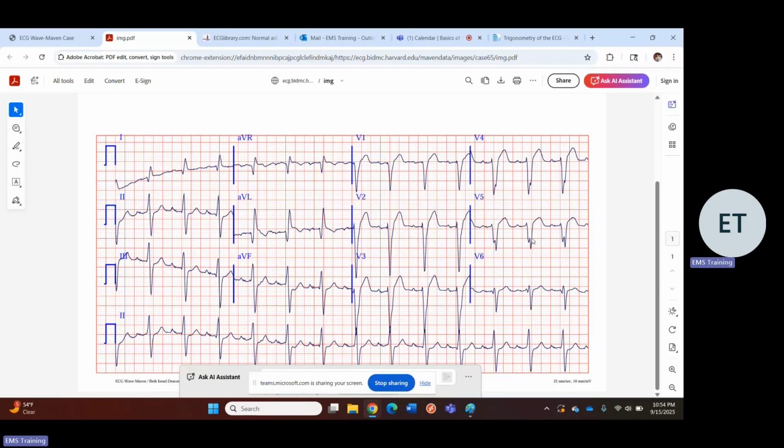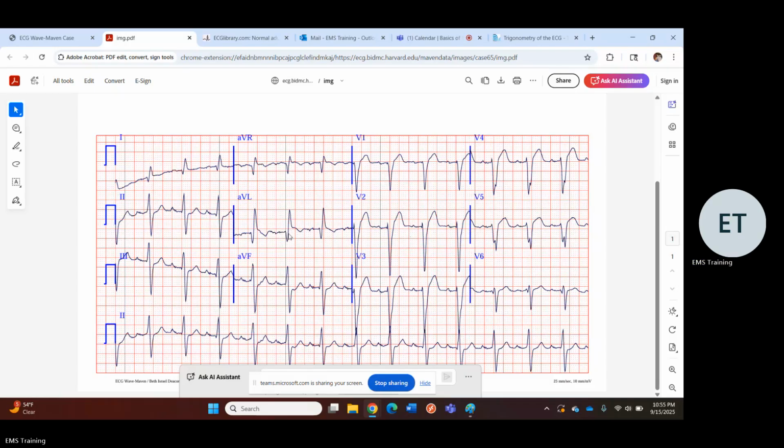There's this notching here, so there's obviously this bundle branch block, this left bundle branch block. With a left bundle branch block, you can apply this thing called Sgarbossa criteria to see if your ST elevation is excessive or not. I will say the fact that the QRS complex is primarily up here and there's ST elevation, with the bundle branch block, they should be opposite, right?